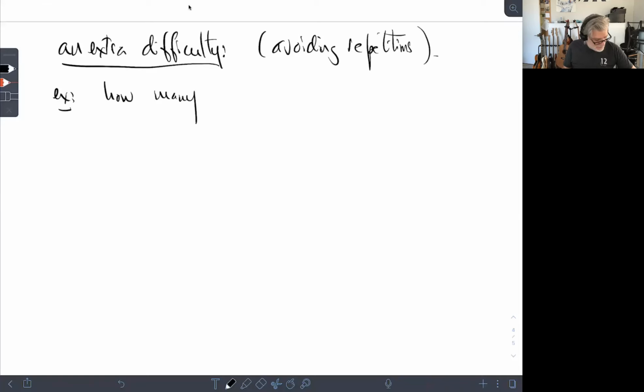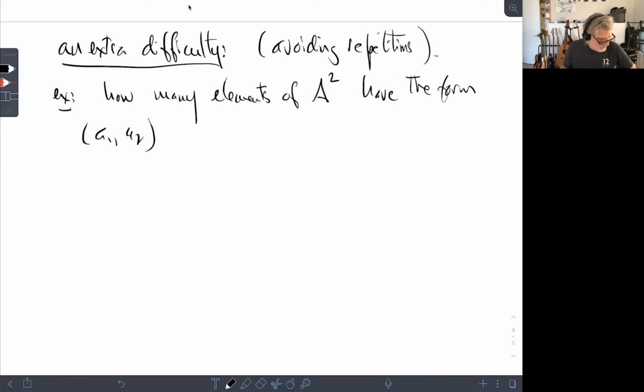of the set A squared, or A times A, have the form A1, A2, where A1 is different from A2?